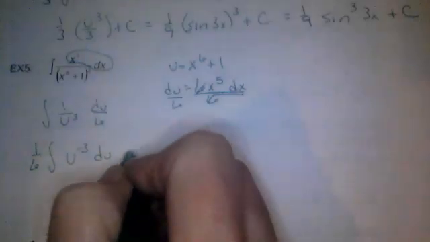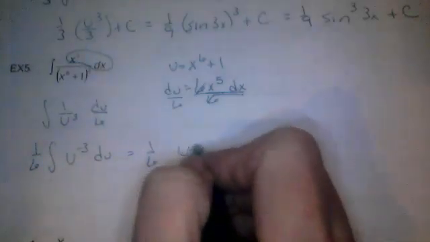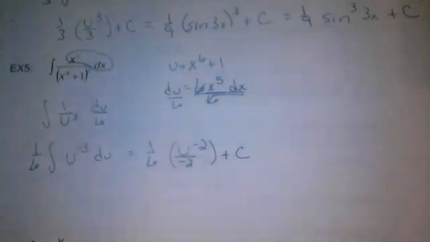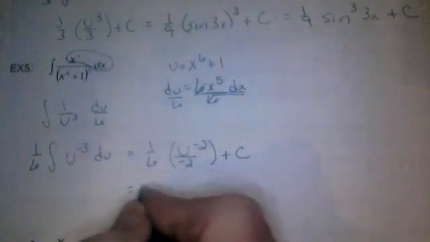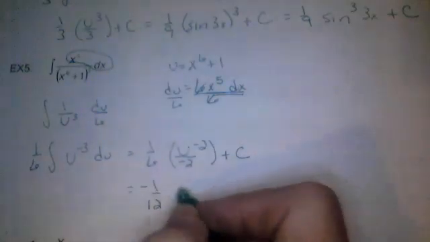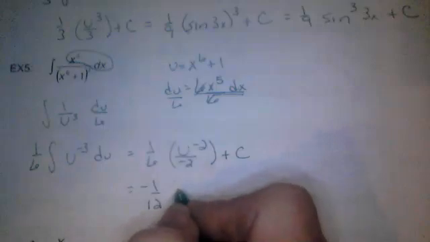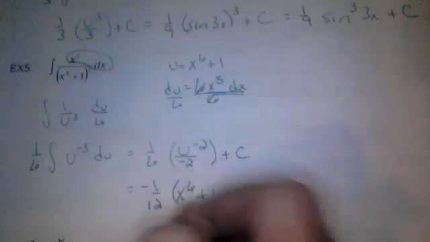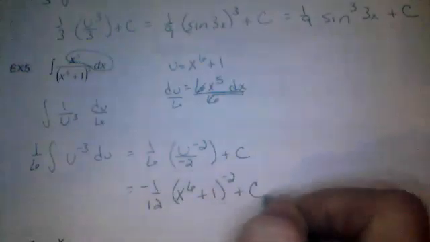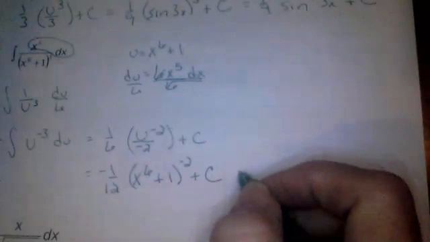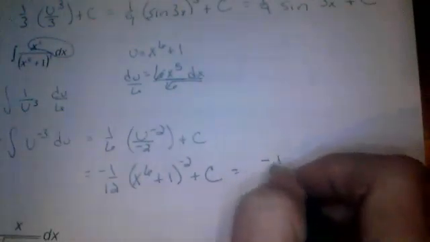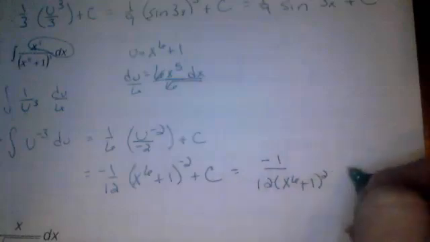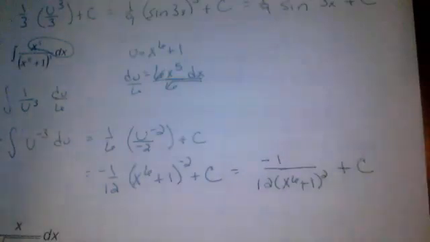So when I add 1, I'm going to have u to the negative 2 power over negative 2 plus c, or negative 1/12 u to the negative 2. So what was u? x to the 6 plus 1 to the negative 2 power plus c. Or we could write that as negative 1 over 12 times x to the 6 plus 1 squared plus c.